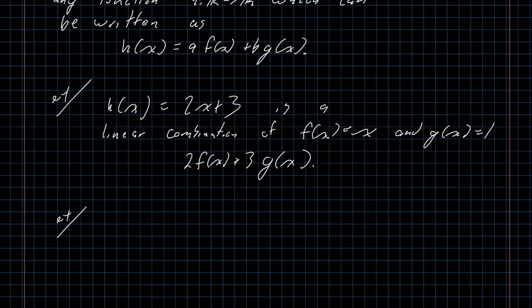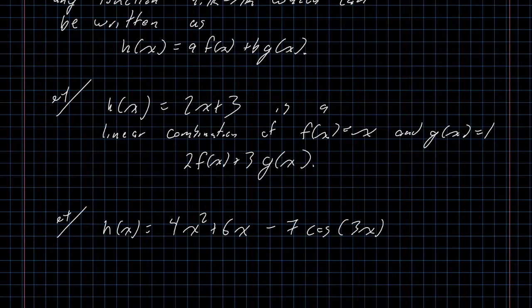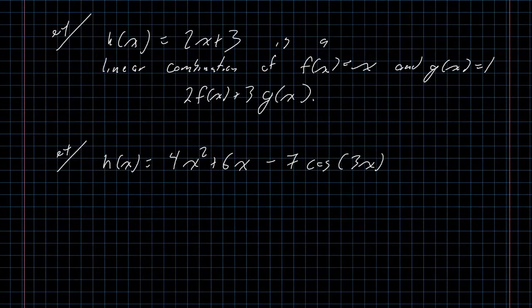For something a little bit more complicated, if I'm looking at h of x equals 4x squared plus 6x minus 7 times the cosine of 3x, that is a bit of a mess. But this is, again, the linear combination of a couple of functions. It's actually the linear combination of 3 functions, but I'm going to call it the linear combination of 2 functions.